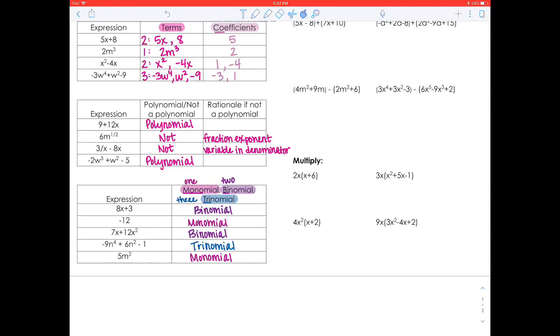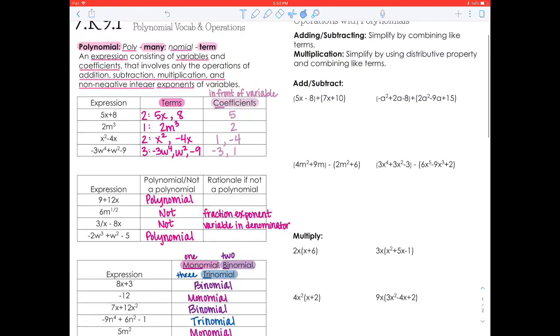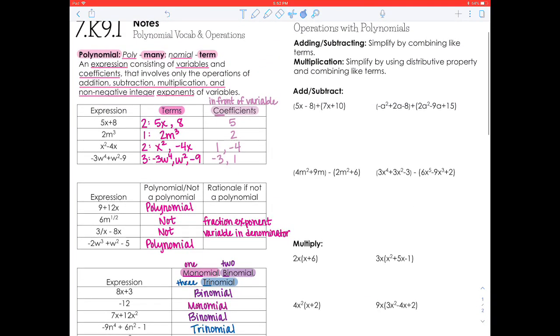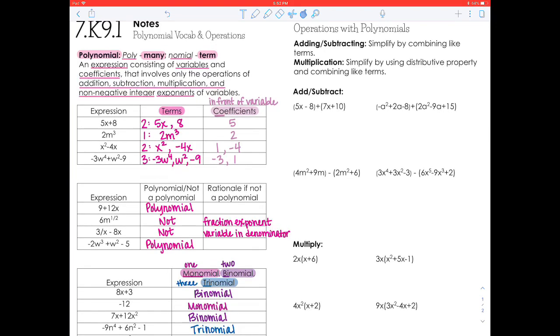Okay, so now that we know what a polynomial is and we know all of its different parts, now we can actually do some operations with them. We're going to need to know how to add, subtract, and multiply these. So we're going to start with addition and subtraction.